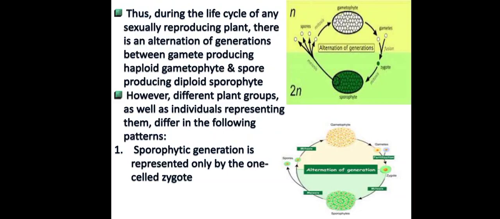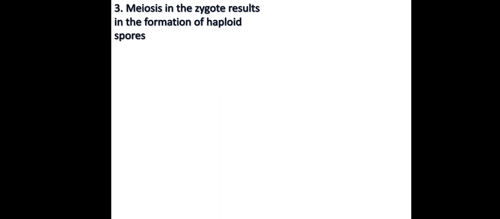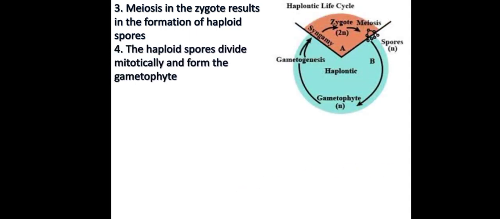Sporophytic generation is represented only by the one celled zygote. There is no free living sporophyte. Meiosis in the zygote results in the formation of haploid spores. The haploid spores divide mitotically and form the gametophyte.